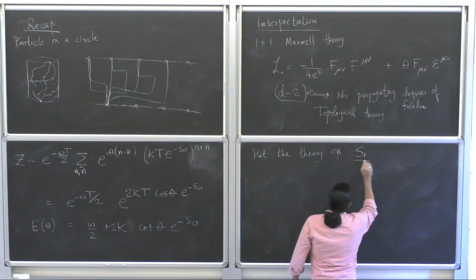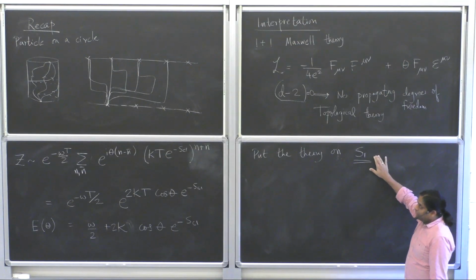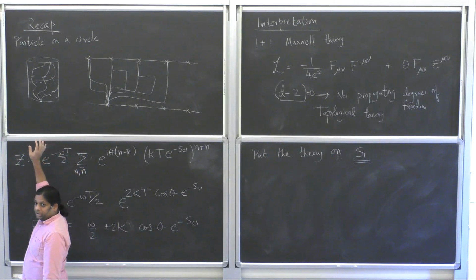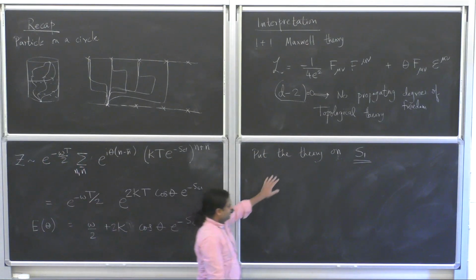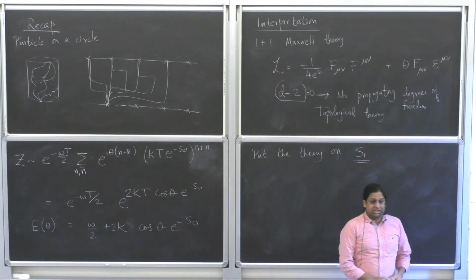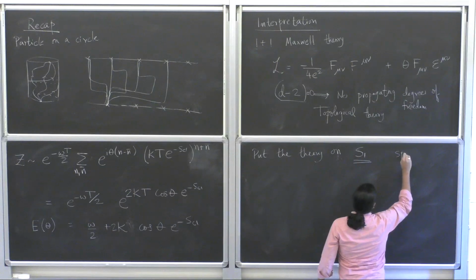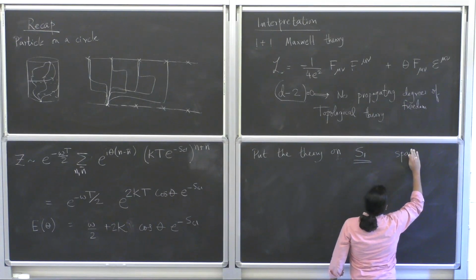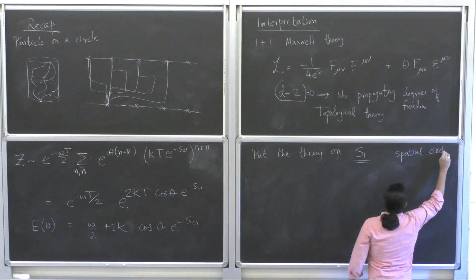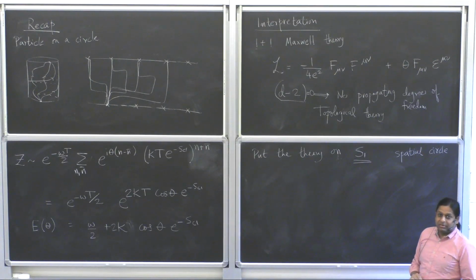The key thing I want to emphasize is that this circle is not the circle of quantum mechanics that we talked about. There are going to be two circles in the game here, and the analog of that quantum mechanical circle we'll discover in just a second. This is what we'll call a spatial circle, and it is distinct from the circle we're eventually interested in, which will make an appearance very shortly.